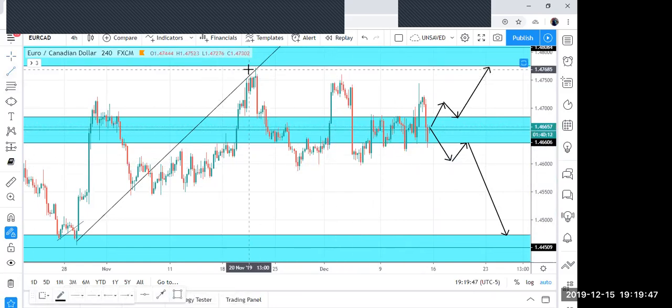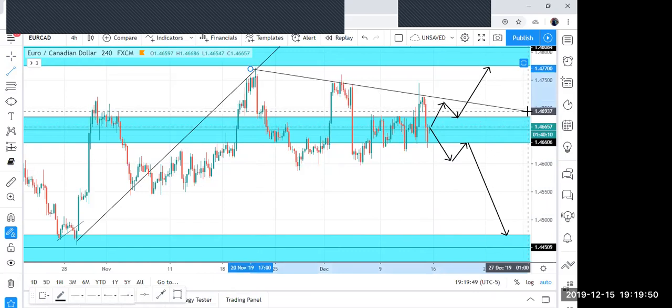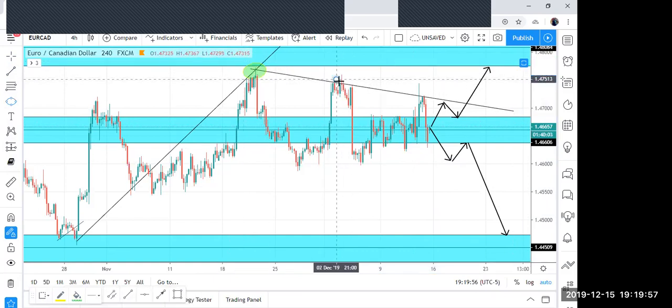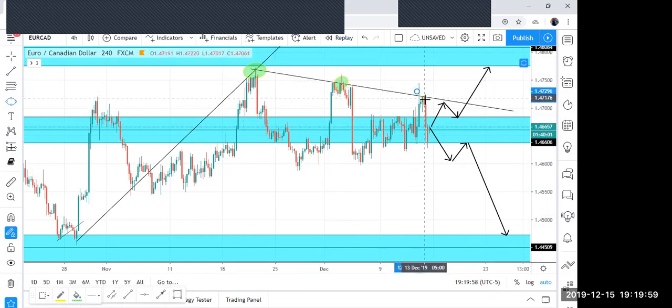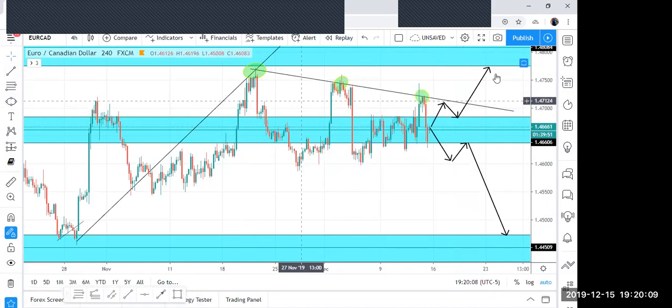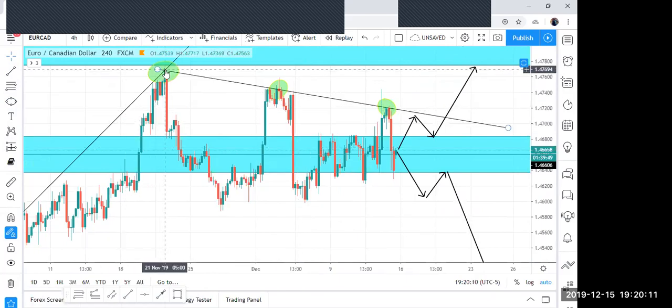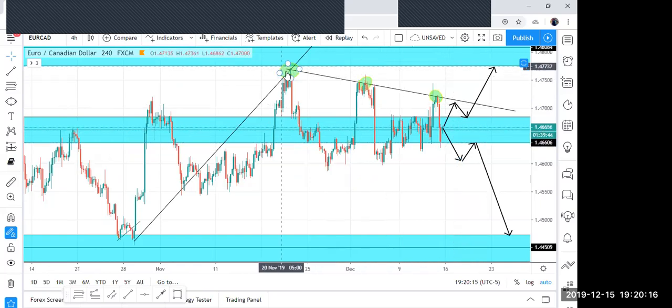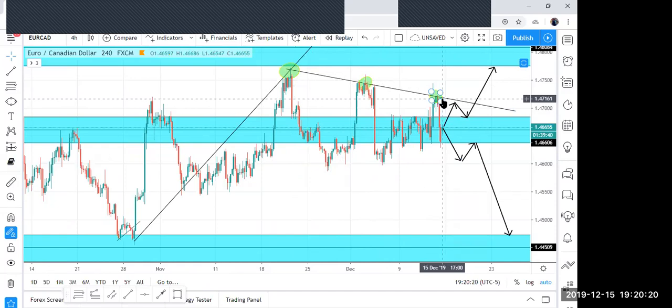Again, paying attention to these levels here. Got 3 touches so far. A 4th one possibly could happen again. I just don't get caught up over-analyzing. Let's just make a note of this. The price is trending downwards in a sense. It isn't making higher highs. It's getting lower and lower.